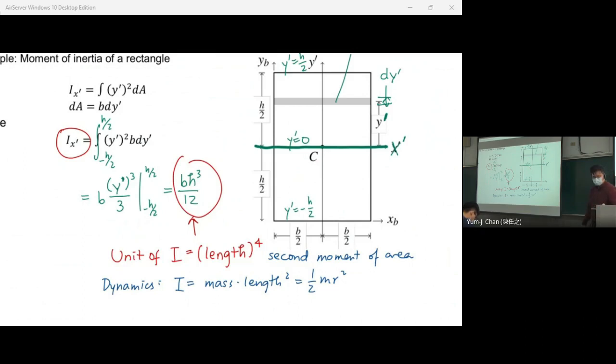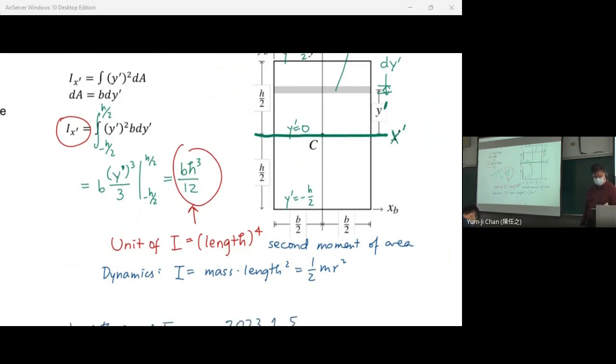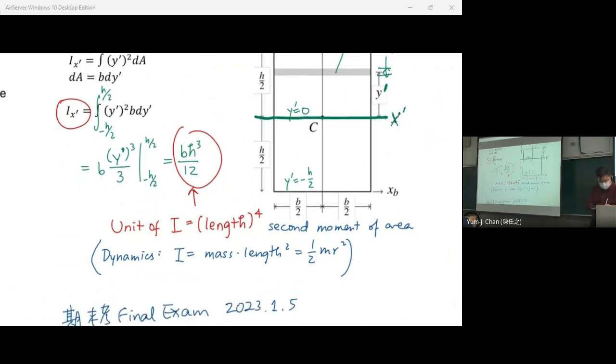You will probably see it in dynamics, the second one, because this one is equal to rho times length to the power 4. This is mass times length to the power 2.